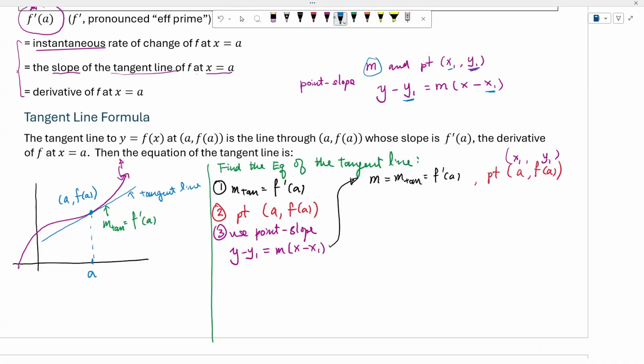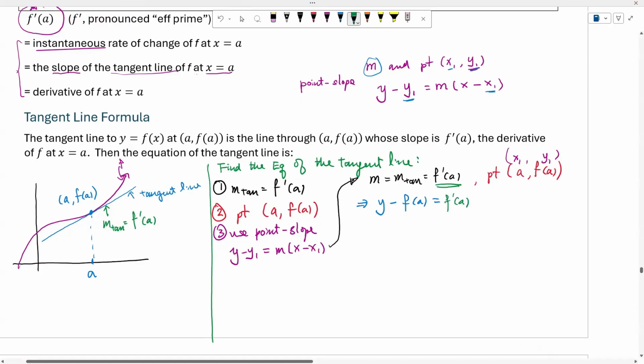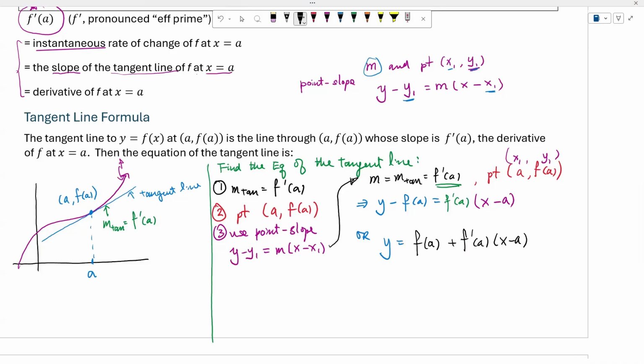Then now I could plug it in: y minus f of a equal to f prime of a multiplied by x minus a. Then of course, in this case, we could solve for y, and I will have y equals f of a plus f prime of a times x minus a.